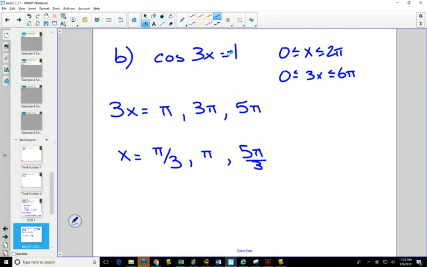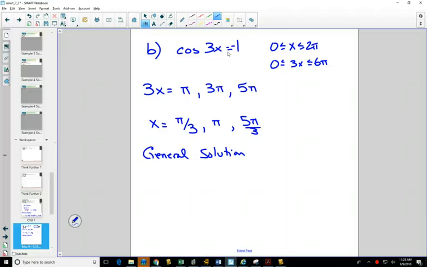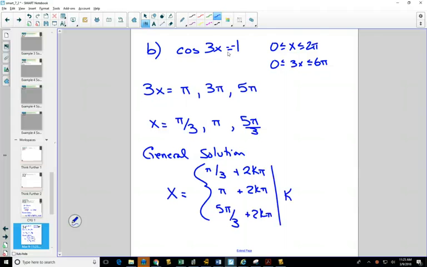So then our general solution would be x equals each of these three, pi over 3, pi, and 5 pi over 3, in radians, plus 2k pi, where k is an integer.